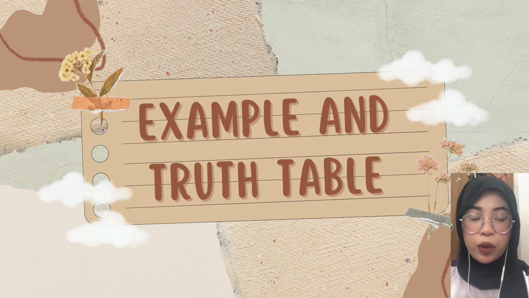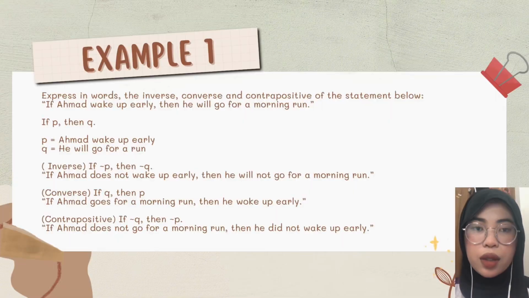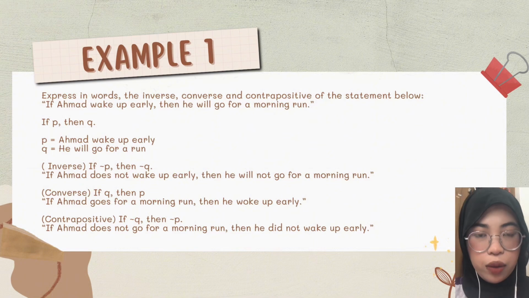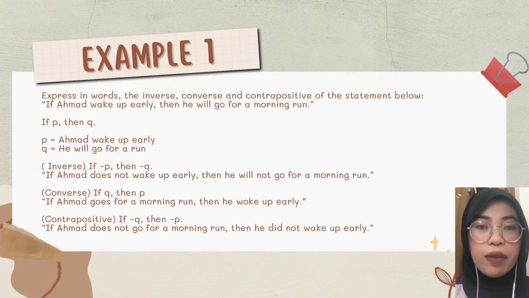Next, I will show a few examples and truth tables from the subtopic logical equivalence. As we can see from the slideshow, the first example is to express in words the inverse, converse, and contrapositive of the statement below. The statement is, if Ahmad wakes up early, then he will go for a morning run.